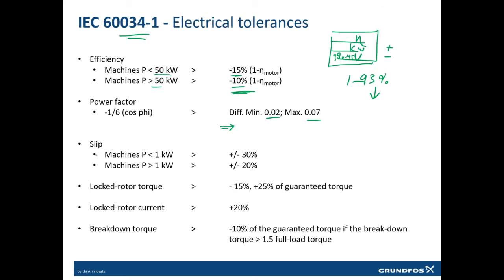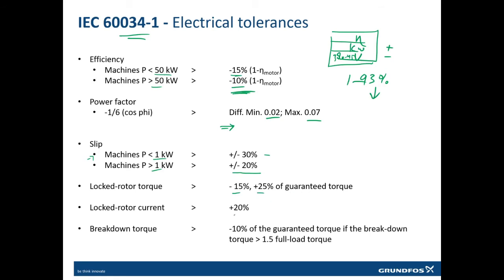Slip, remember the slip we discussed for asynchronous motors? It is allowed to have plus minus 30% slip for a motor of less than 1 kilowatt, and above 1 kilowatt the slip shall be plus minus 20%. Lock rotor torque shall be minus 15% or plus 25% of the guaranteed torque.